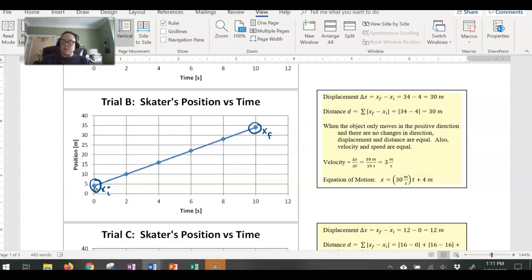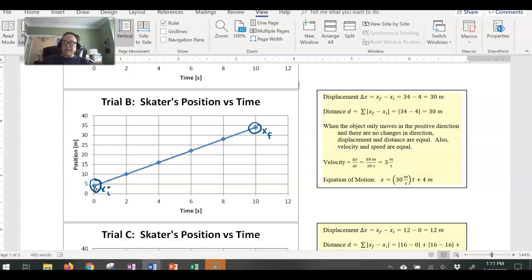So the displacement was 34 minus 4, which is 30 meters. They were displaced a little bit more in trial B than in trial A. Again, since this skater always moved in the positive direction and there were no changes in direction, in this case, displacement and distance are the same.